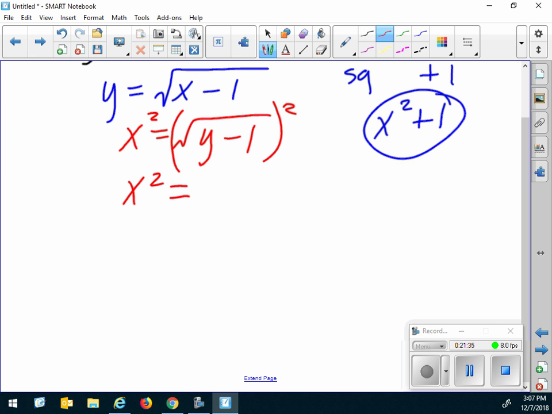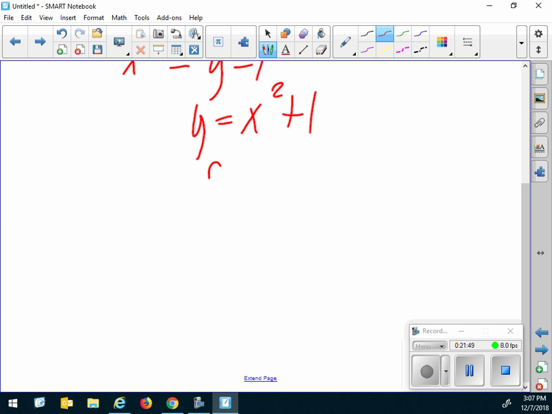Because what do a square and a square root do to each other? So I get y equals x squared plus 1. That's what I thought I was going to get. So f inverse of x equals x squared plus 1.